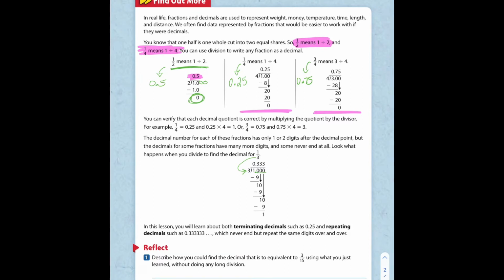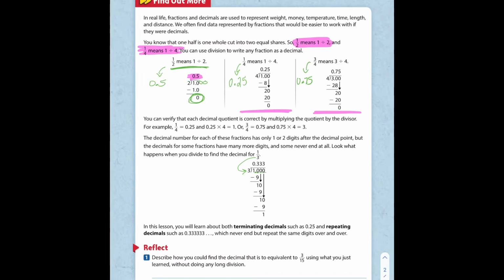Then doing the long division, you can see that there's a pattern emerging with this one. So every time they divide, they get 3. And then 3 times 3 is 9. Subtract with 1 left over, bring down a 0. Then 3 goes in 3 times. 3 times 3 is 9. Subtract 1, bring down the 0. And that's going to continue on forever.